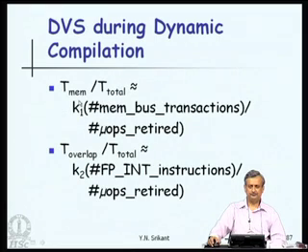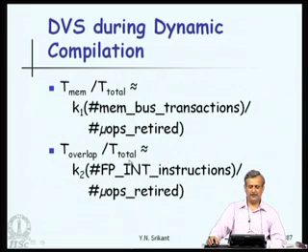For example, T mem by T total can be computed as K1 into number of memory bus transactions divided by number of micro operations retired. Both these numbers are given by two different performance counters. So, what is involved is just reading those performance counters. K1 is a constant which is set by some experimentation.